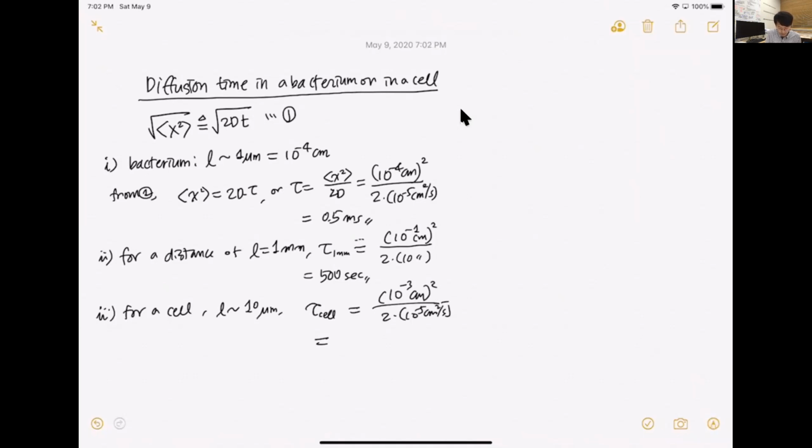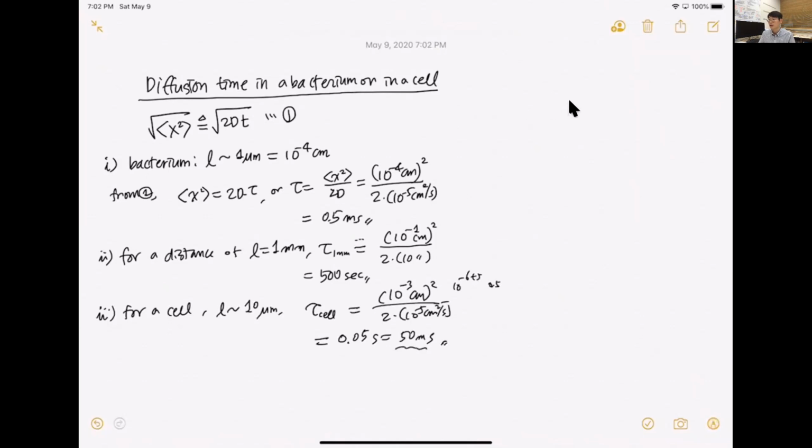The exponent works out to 10 to the minus 6 plus 5, times 0.5, so that's 0.05 second, or 50 milliseconds. Which is not bad. So inside the cell, the diffusion time is still only about 50 milliseconds.